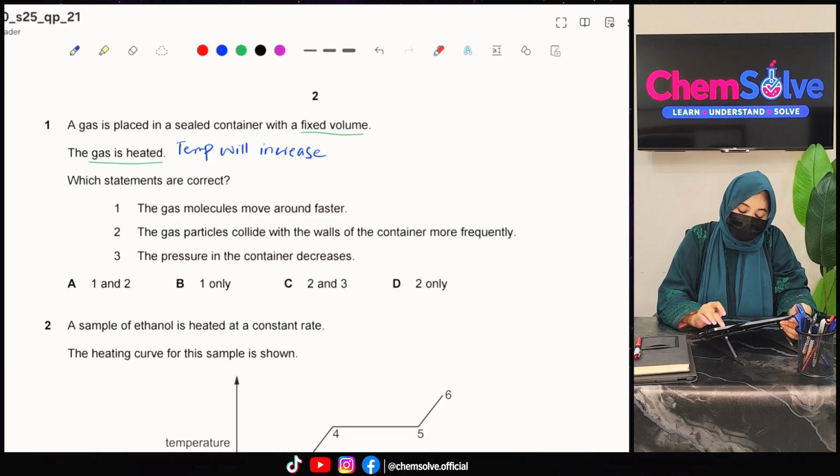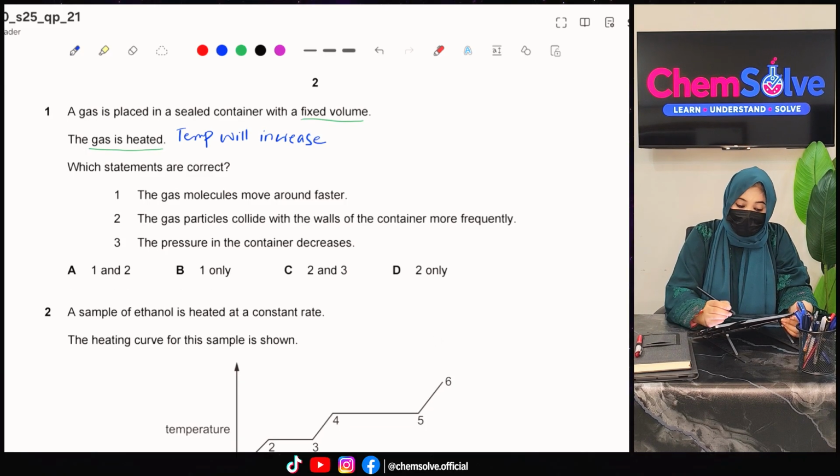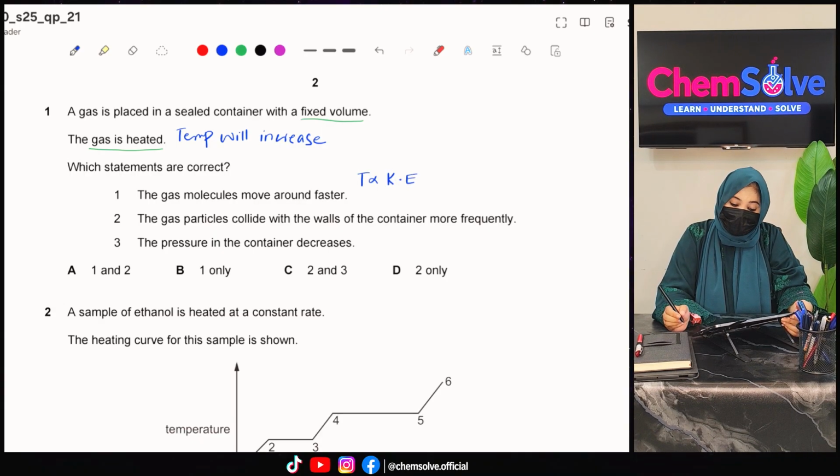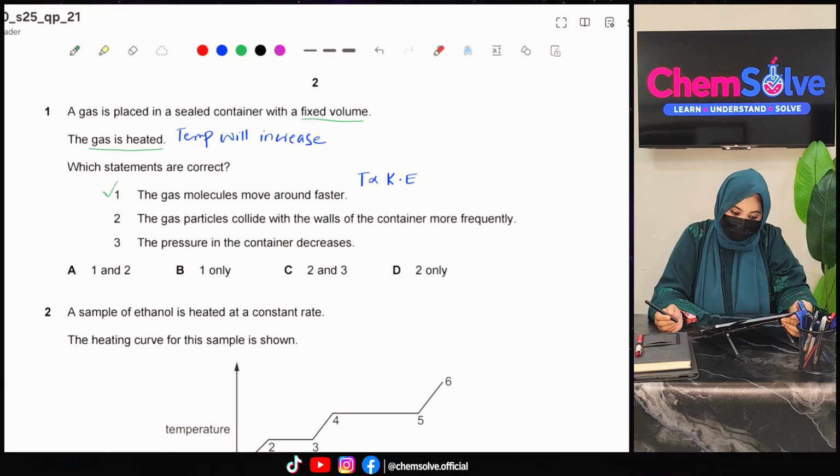Which statements are correct? The gas molecules move around faster. We already know that temperature is directly proportional to kinetic energy. If temperature is directly proportional to kinetic energy, it means statement number 1 is correct.